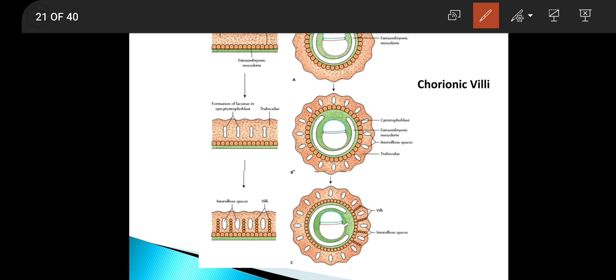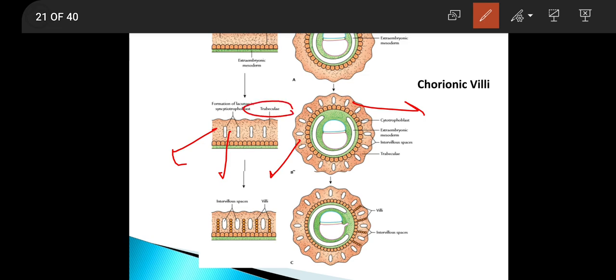Formation of multiple spaces called lacunar spaces develops in the syncytiotrophoblast. You can see the multiple lacunar spaces, and the part of the syncytiotrophoblast in between two lacunar spaces is called trabeculae.